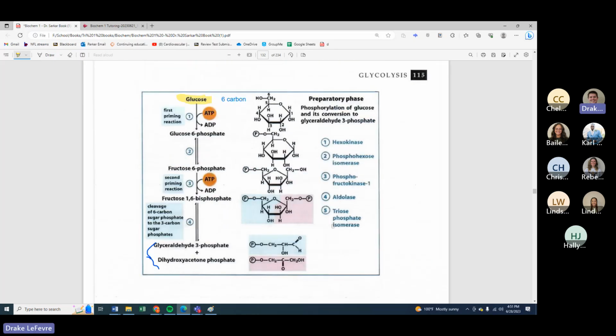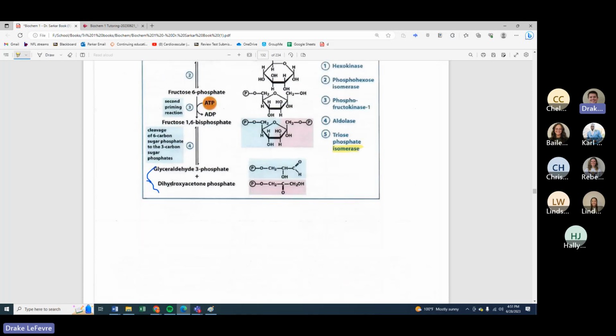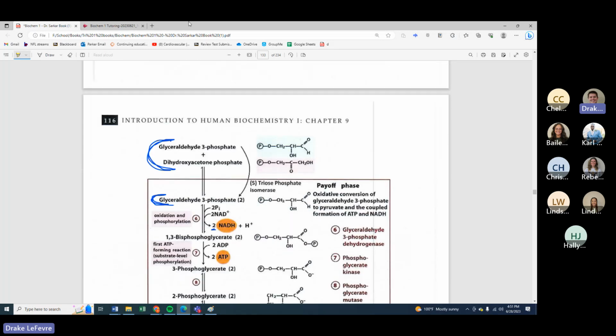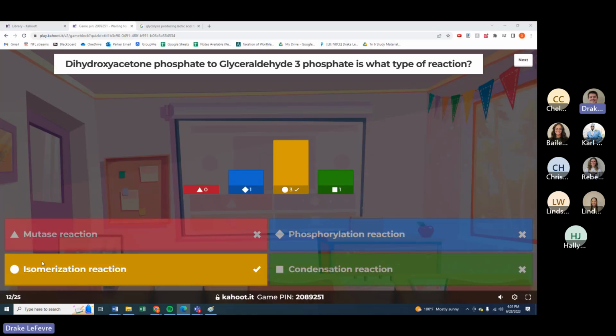So triose phosphate isomerase is the enzyme that acts on our dihydroxyacetone phosphate. So it's an isomerase reaction. I'm glad that nobody picked the mutase, because that's where most people tend to get mixed up.